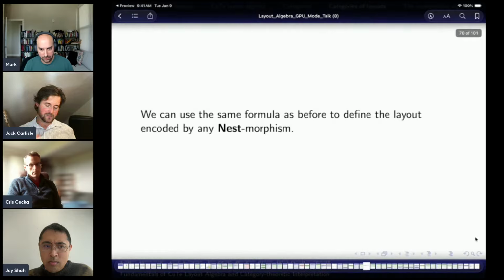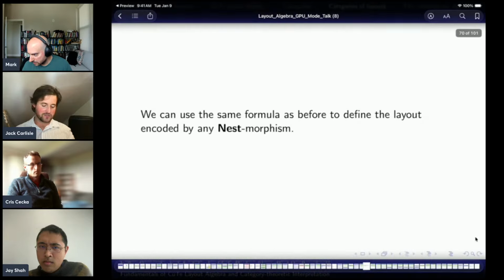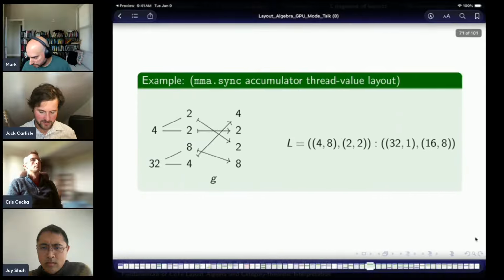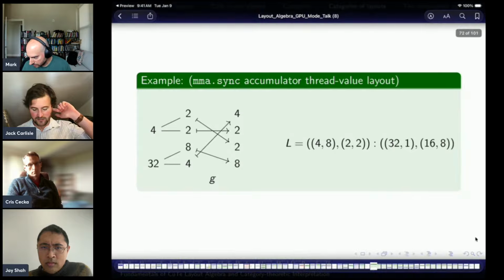So again, we can use the same prefix product formula to take one of these nest morphisms in the category nest and write down a layout, which now is going to have some sort of profile. So for example, for this F morphism, we know what the shape is, and then the stride is just computed by prefix products. Let's scroll through a couple more examples. So here's our MMA sync accumulator thread value layout.